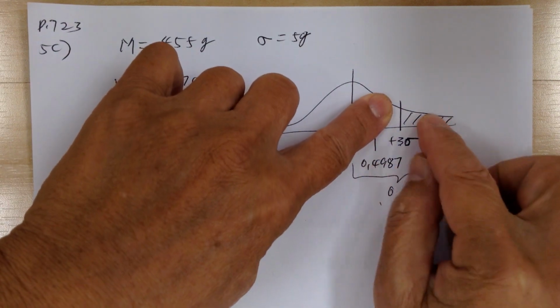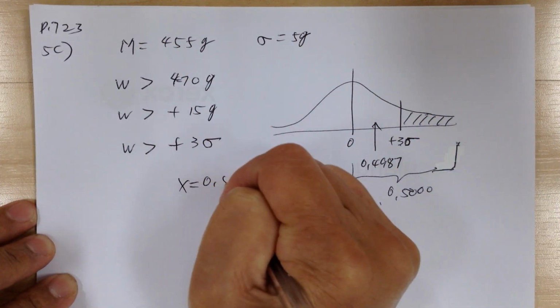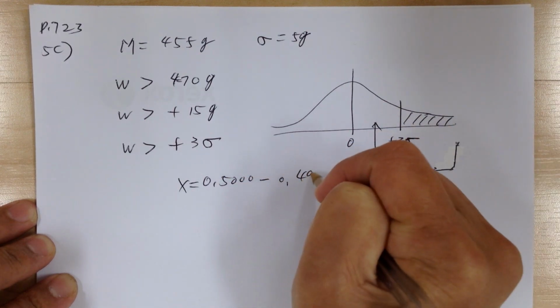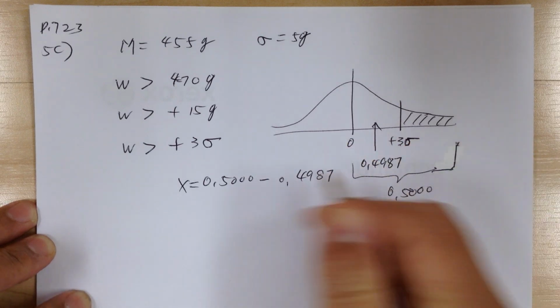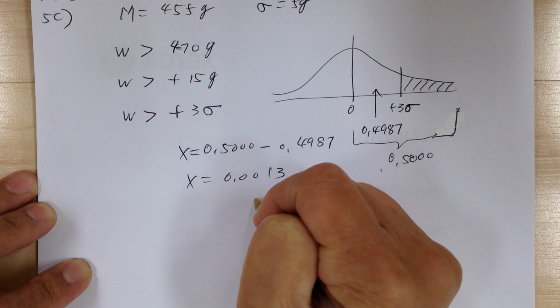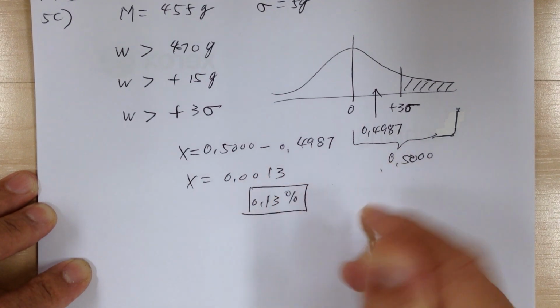This take away that will give you that, right? So x is going to be equal to 0.500 minus 0.4987. Okay? And so x will equal 0.0013, so it'd be 0.13%. Okay.